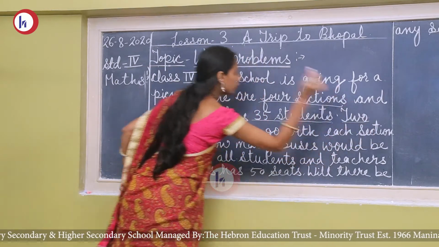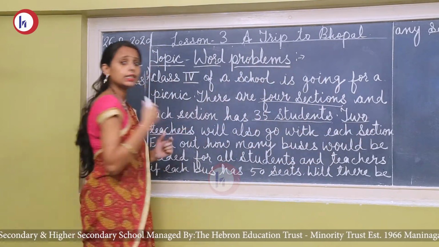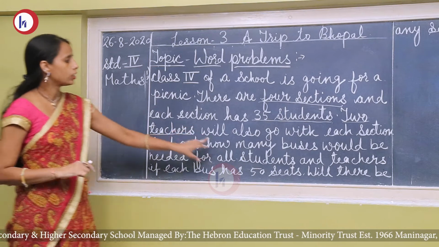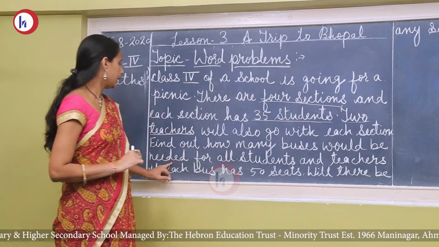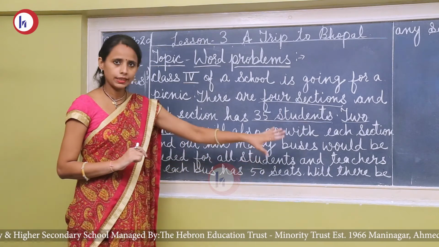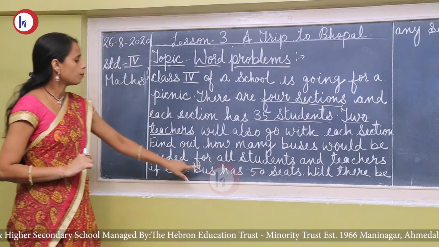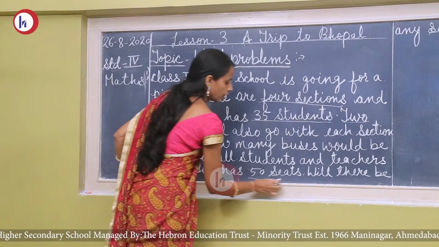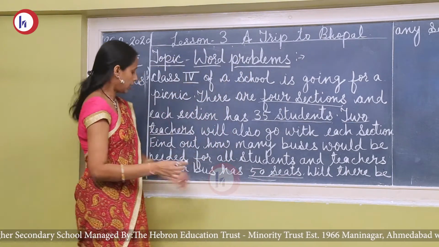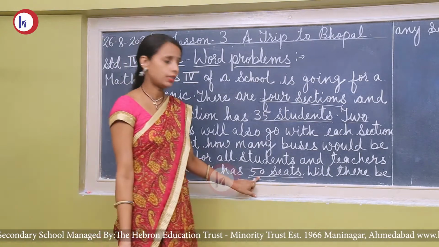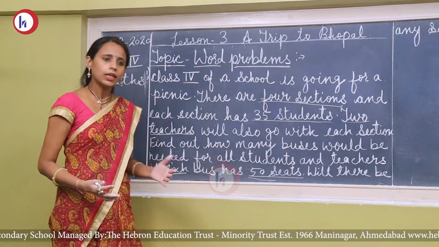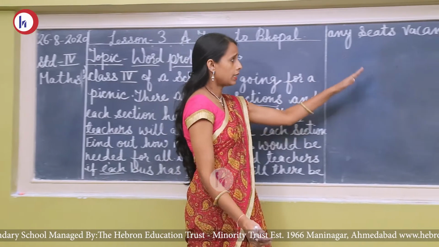So we'll underline 2 teachers in each section. Find out how many buses would be needed for all students and teachers if each bus has 50 seats. Each bus means 1. So one bus has 50 seats, so how many buses will be needed? Will there be any seats vacant?